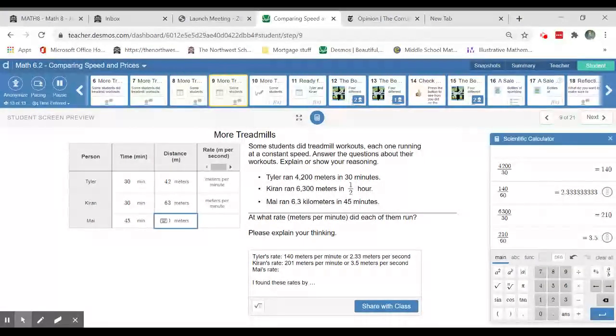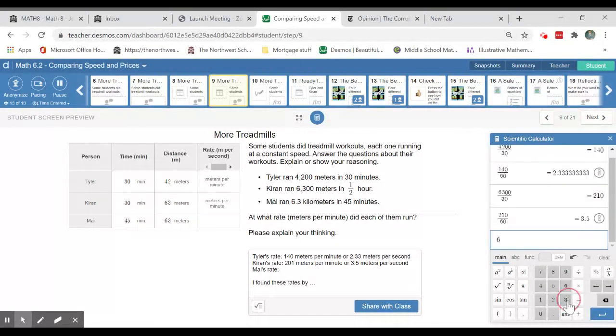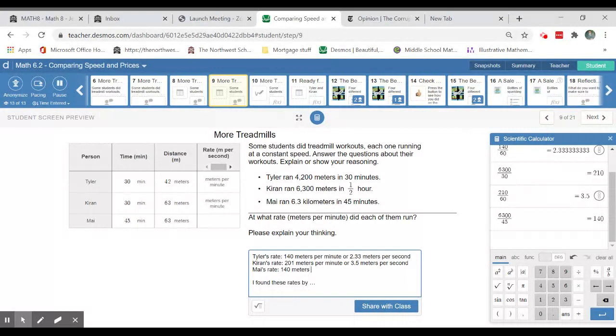And then if I divide that out, 6,300 divided by 45 minutes, that is 140 meters per minute, which is the same speed as Tyler. So that's still 2.2 1/3 meters per second.